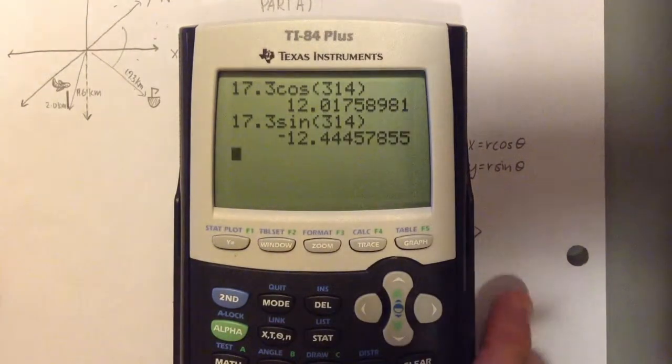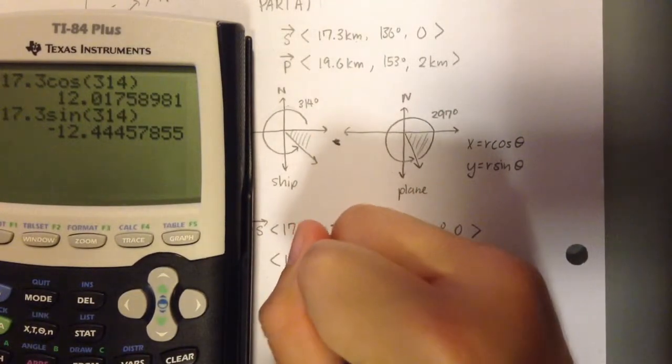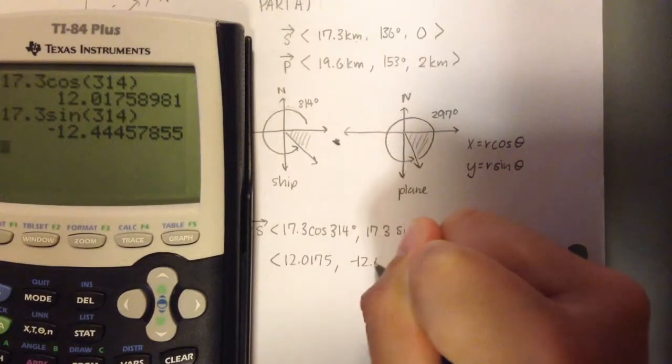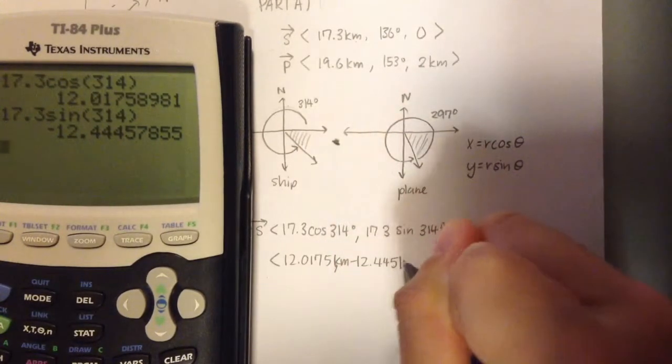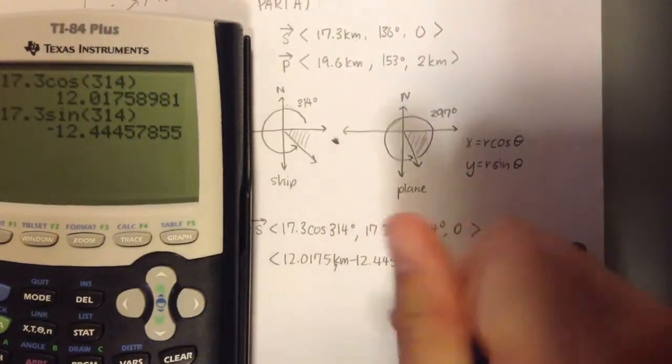That's going to give us approximately 12.0175, then negative 12.445. Don't forget the units. And then 0.